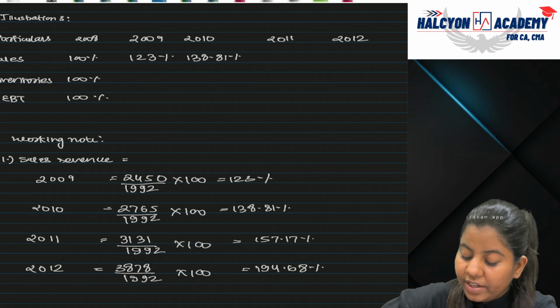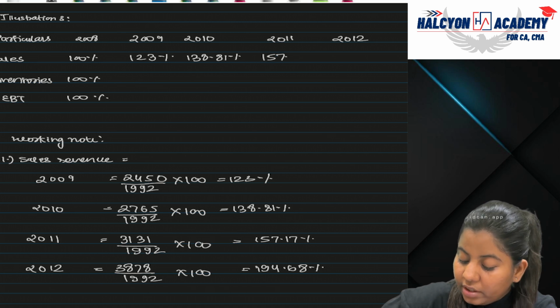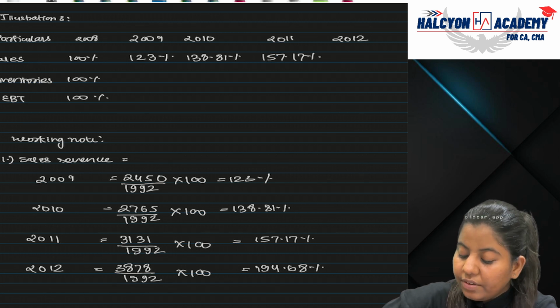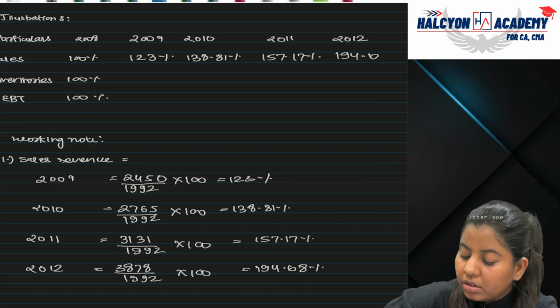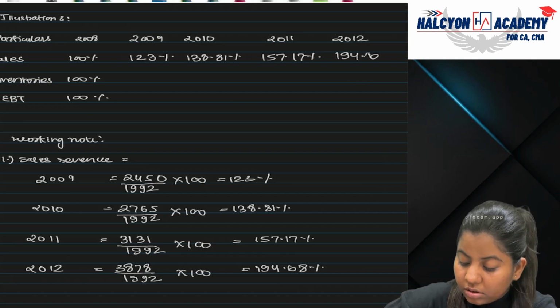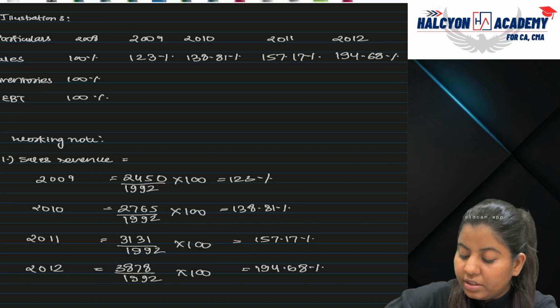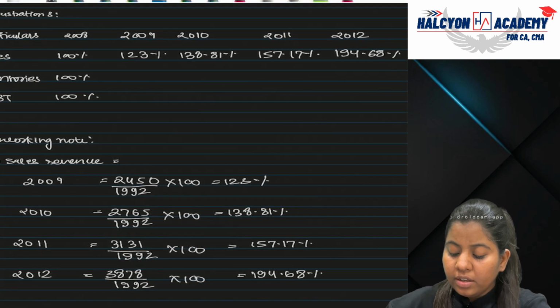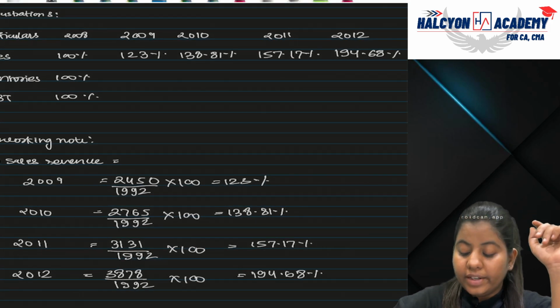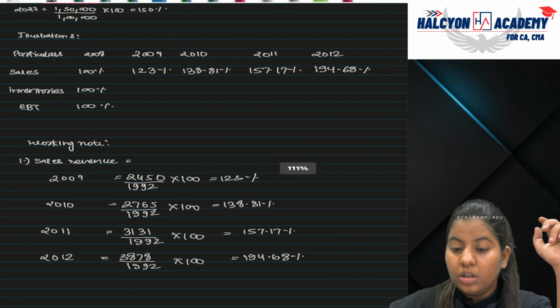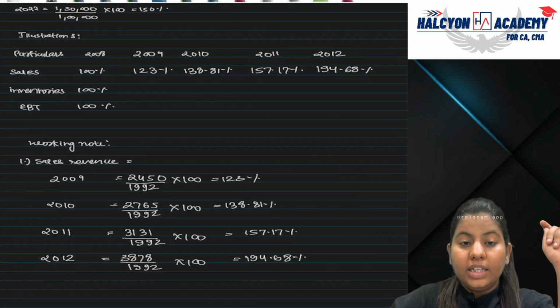In 2011 it is 157.17%, then 194.68%. Okay, likewise you have to do it for inventories and EBT also.